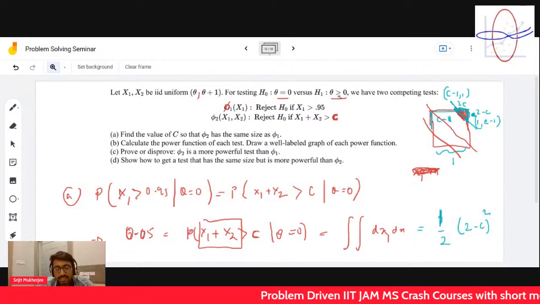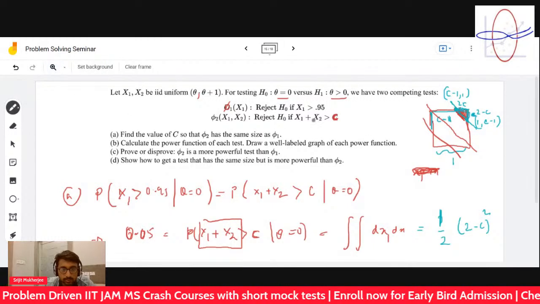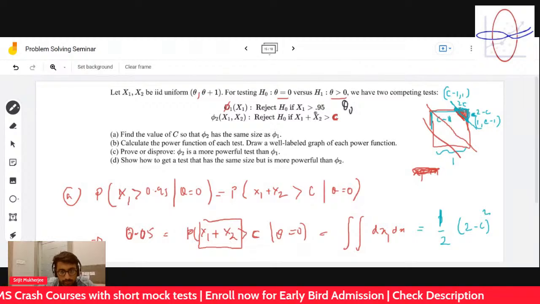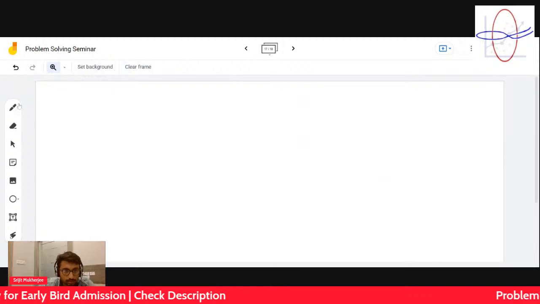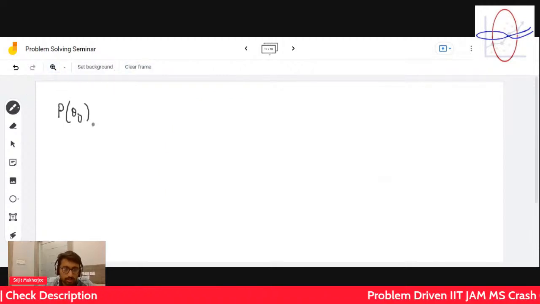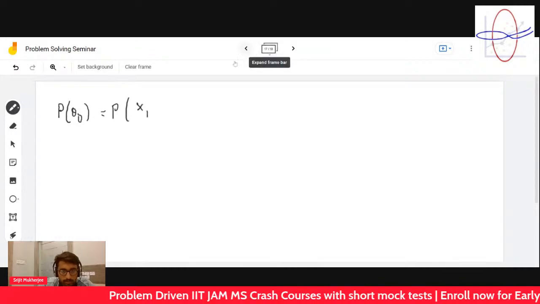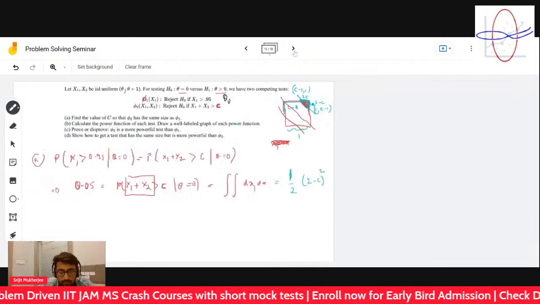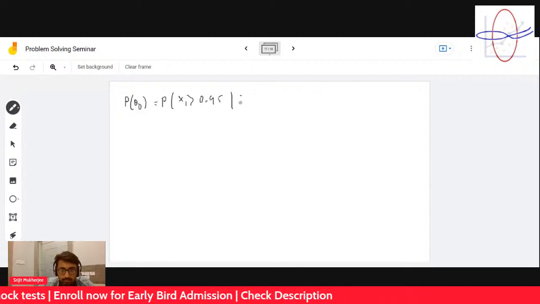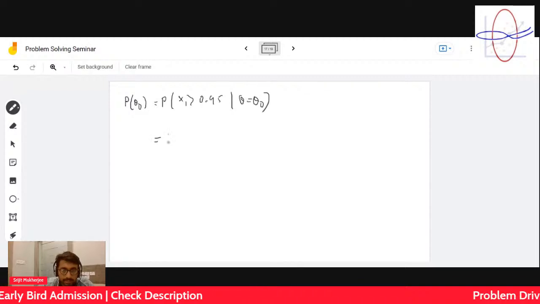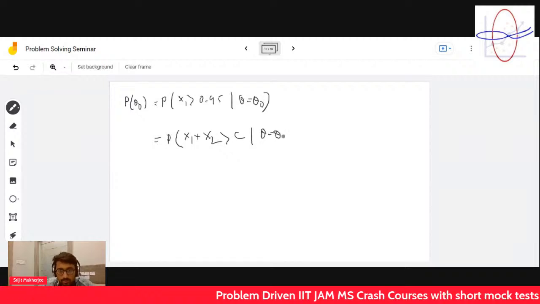Now let's see how to find the power function. The way to find the power function is to fix theta equal to theta naught, and then find the power function. So the power P of theta naught is nothing but the probability of rejection, that is, x1 greater than 0.95 given theta, and the probability that x, equal to x1 plus x2, is greater than whatever C I've got, given theta equal to theta naught.